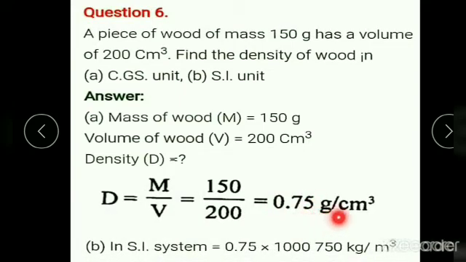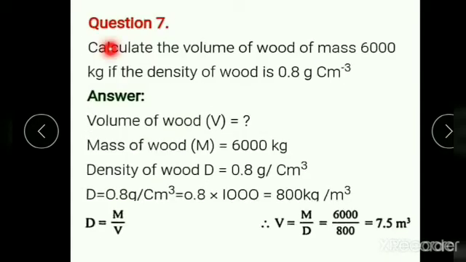So when you want to convert grams per centimeter cube to kg per meter cube, what do you do? You multiply the answer by 1000. So you get it in kg per meter cube, which is the SI unit. So you got both CGS unit as well as the SI unit. Okay, so this is the answer for the question.